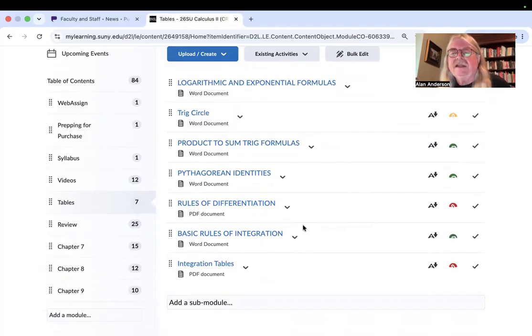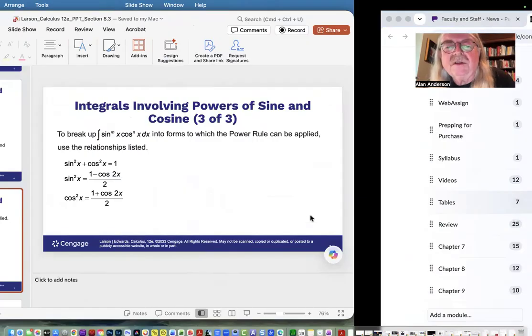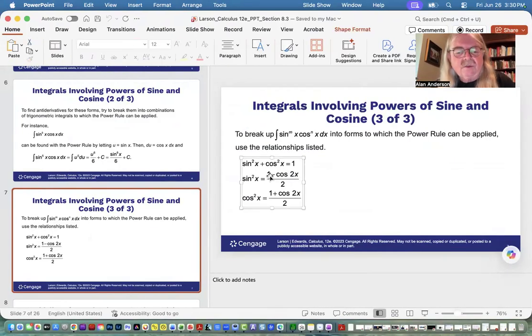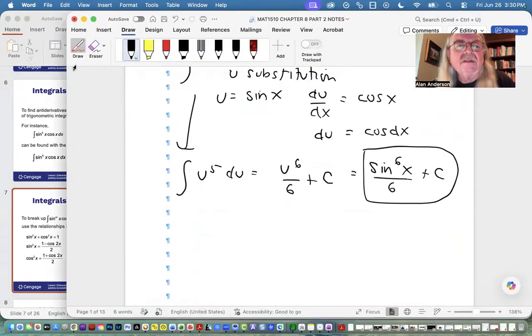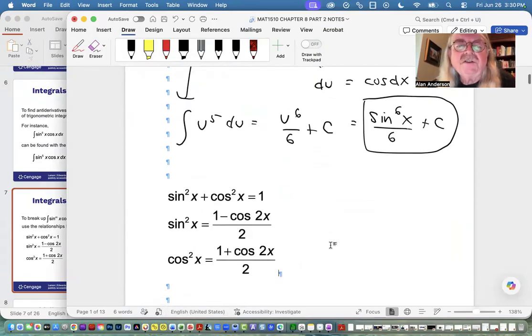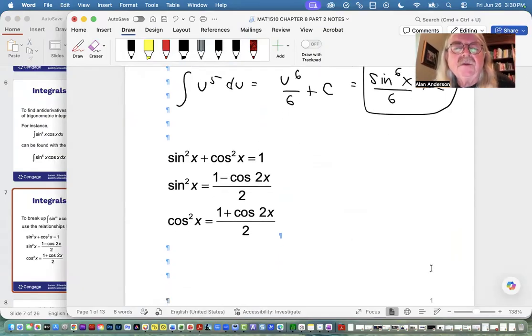If you look in the back of any calculus book, you'll see the list is just beyond belief how long it is. There are double angles and half angles and all kinds of different results that we might need. Here they're saying to pay attention to these three, because these are the ones you might need, and they're being very helpful here. If you notice, they're all functions of either sine squared x or cosine squared x. These are the two that we haven't seen before, at least in this book.